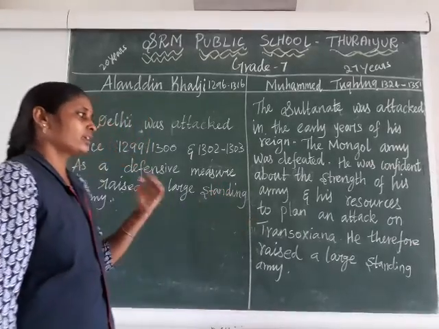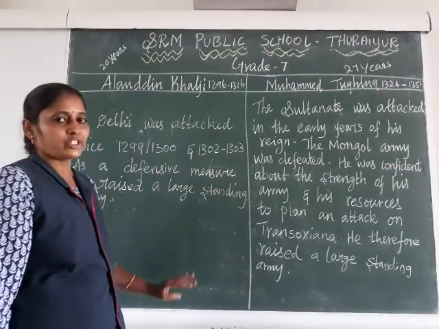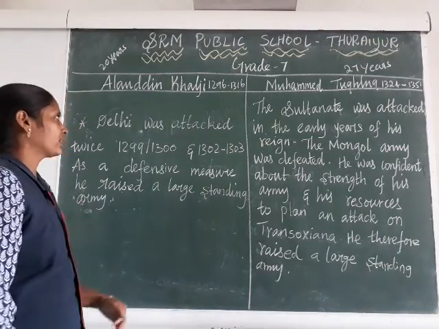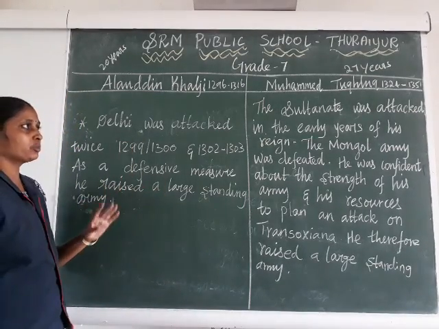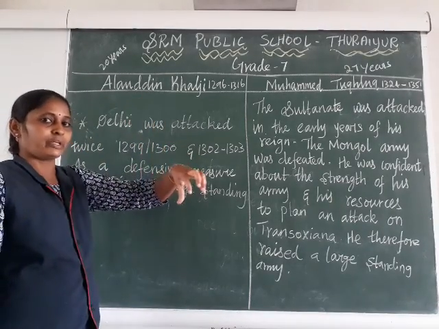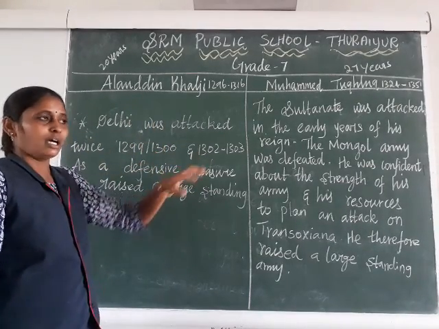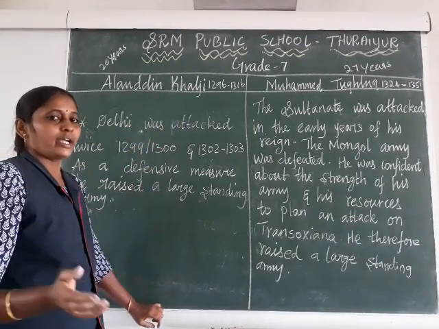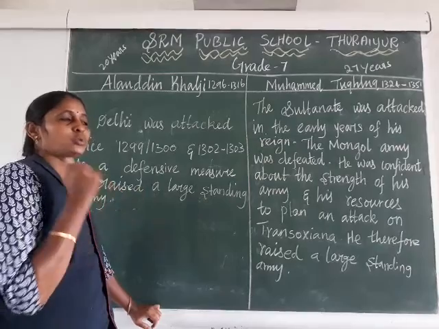Now we discuss the administration method of Alauddin Khilji and Muhammad bin Tughlaq. Both ruled from the capital of Delhi, and they covered almost the entire India up to South India.